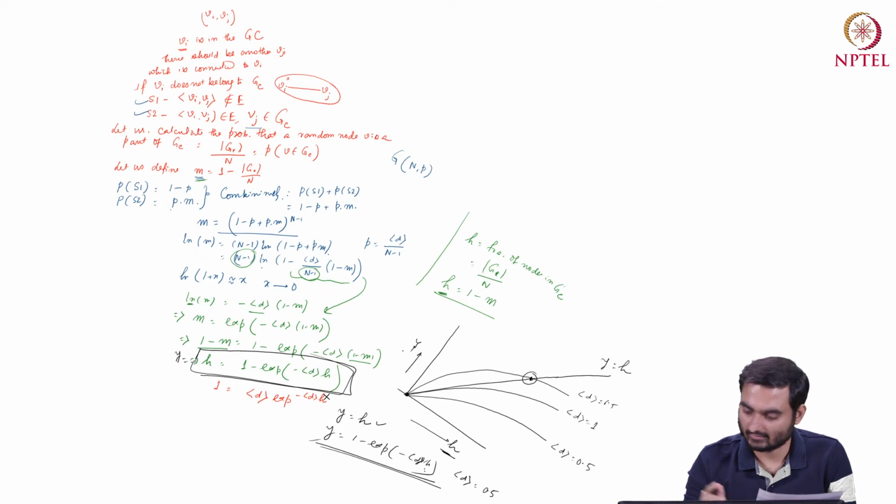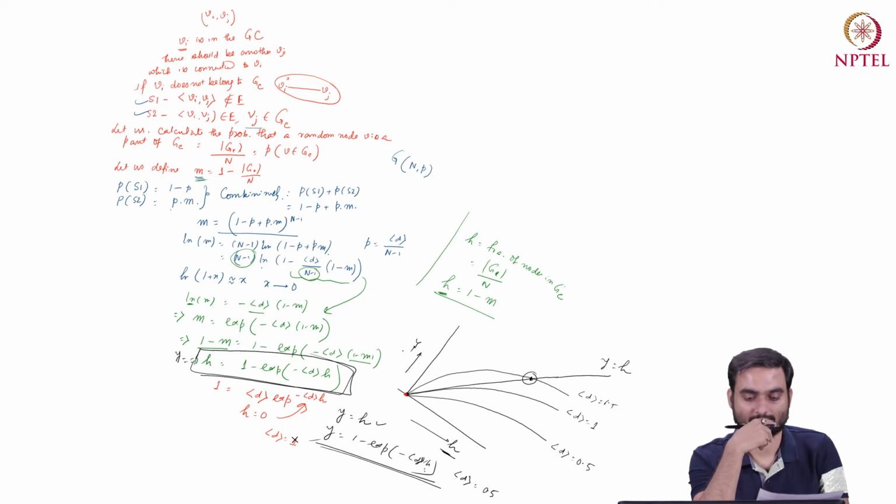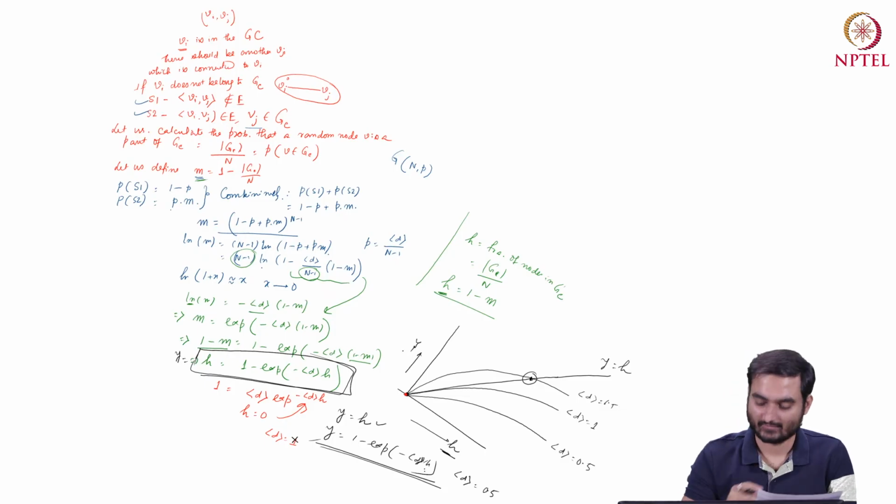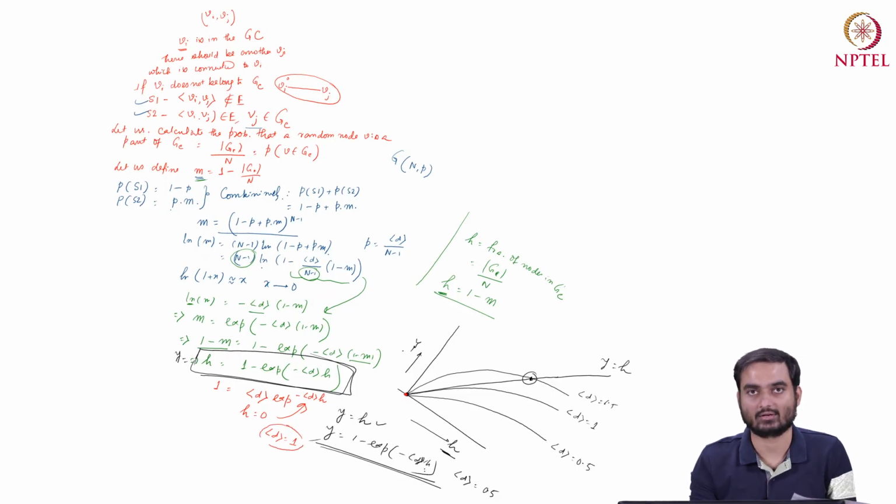Since we know that at this point we have a solution, let us put h equals 0, because at this point h equals 0. If I put h equals 0 here, what will we have? We will have mod d equals 1.